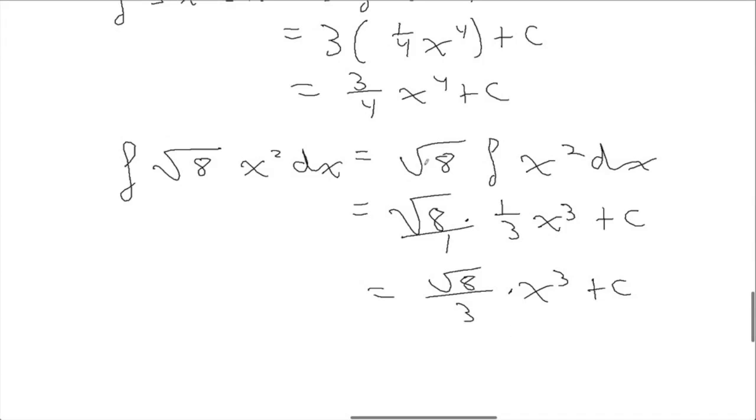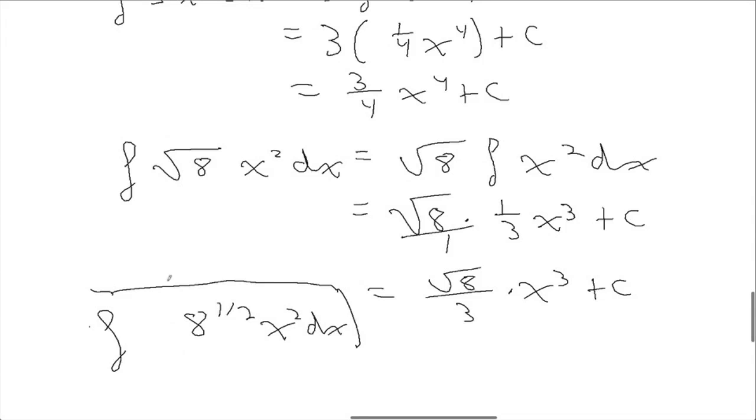Mm-hmm. Notice there's absolutely no need to do this. This is where you were going wrong before. Now, this is true. This is legal. You certainly could write the square root of 8 as 8 to the 1/2, but why should we?